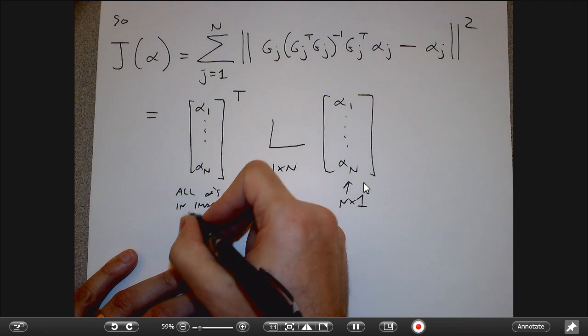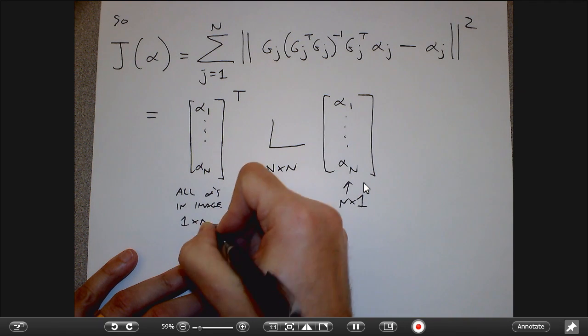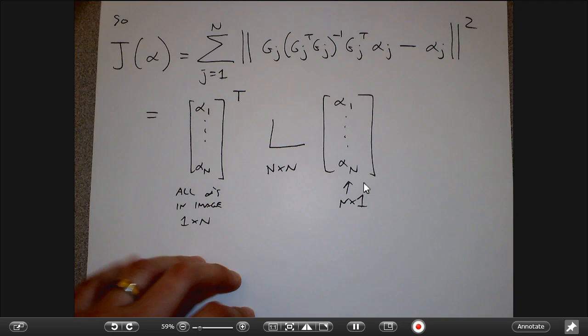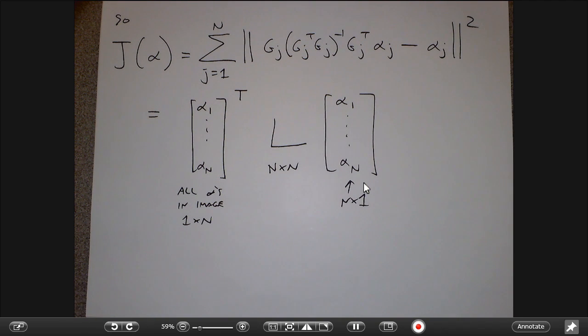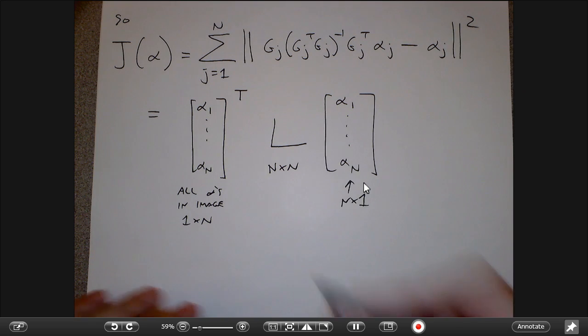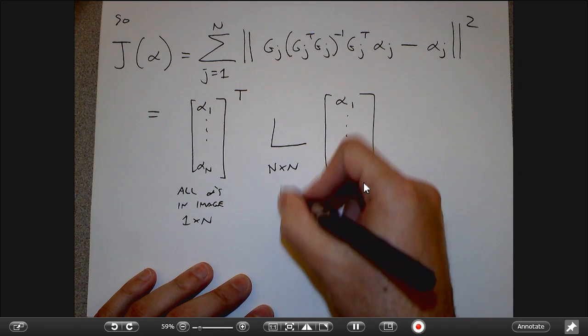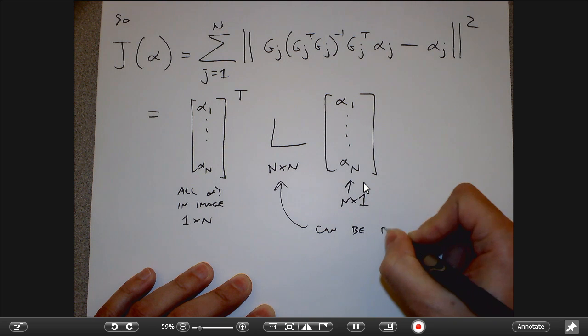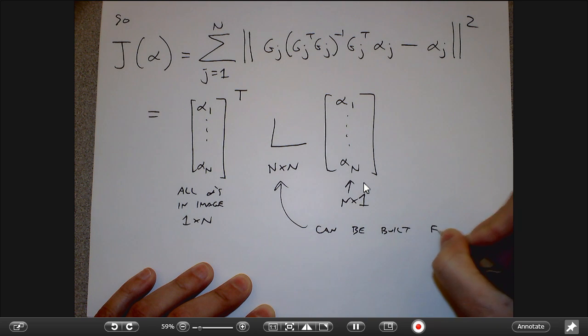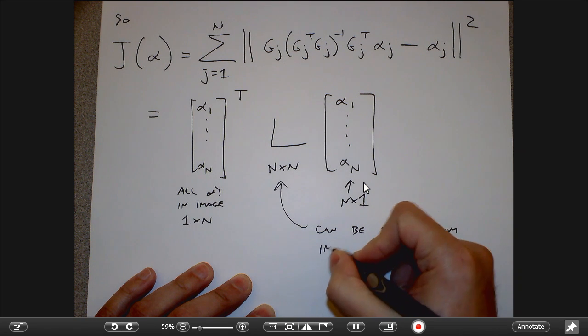So this is a 1 by n vector. This is an n by n matrix. This is an n by 1 vector, right? And so this L can be built from the image colors.